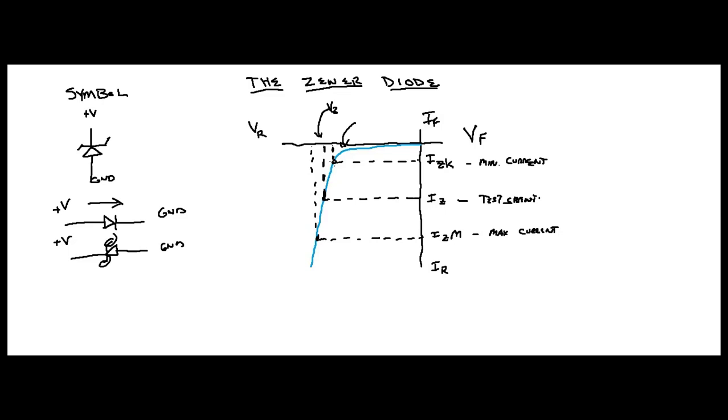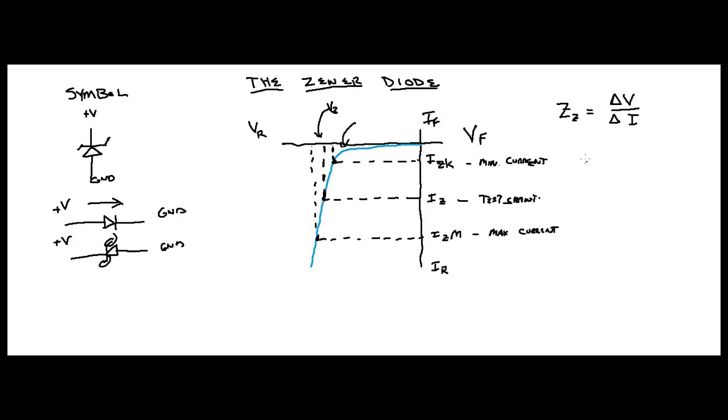So, but let's talk about this line. What do we have? We have a change in voltage and a change in current taking place at the same time, right? So this is a critical factor. This is called ZZ. And this is equal to your change in V divided by your change in current, which is I, all right?